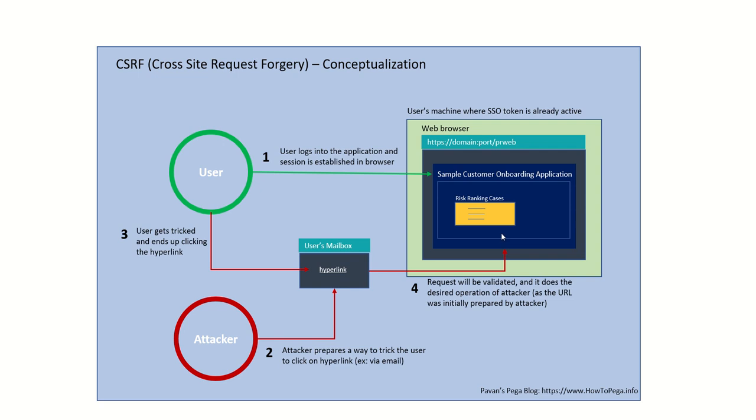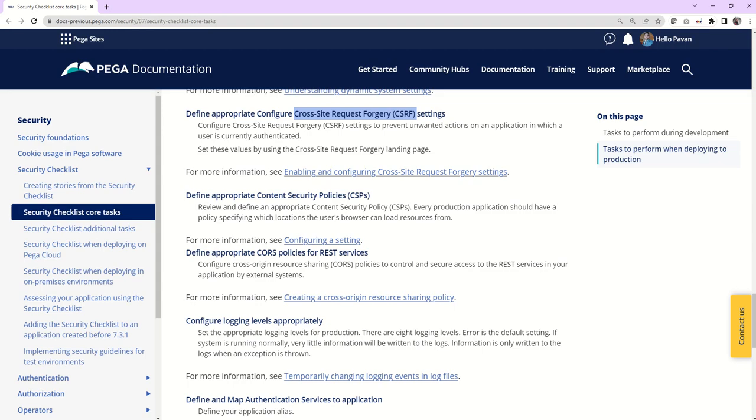So that is how a CSRF can be mitigated. If you're curious to know how that can be mitigated, here is a quick reference for you. This is a place where all the security checklist core tasks are listed from Pega.